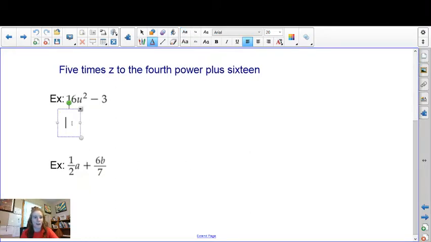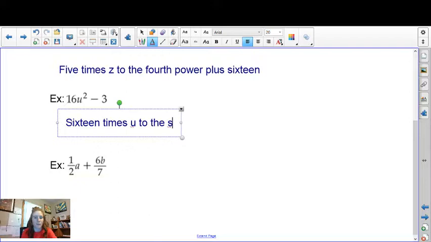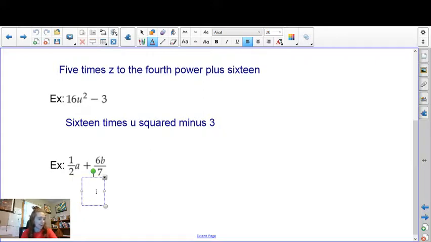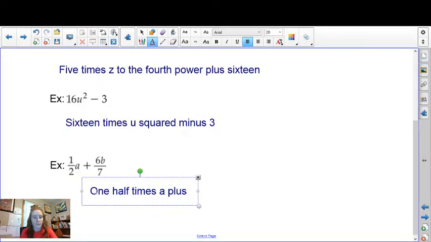Next one, I have 16 times u to the 2nd, or times u squared, minus 30. And my last example, I have 1/2 times a plus 6 times b divided by 7.